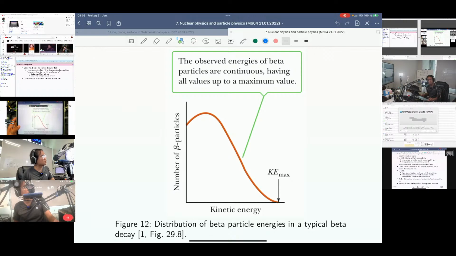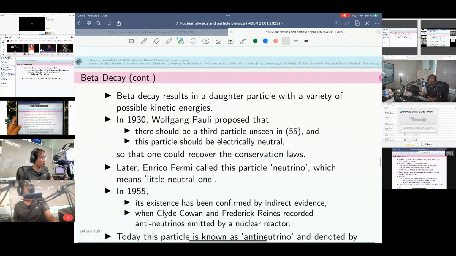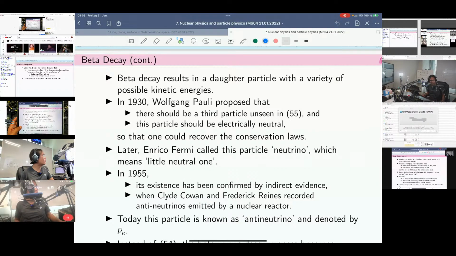You may have heard his name: Wolfgang Pauli. Wolfgang Pauli is the person who paid attention to this incorrect outcome: why the spectrum is not discrete as in the alpha decay process.